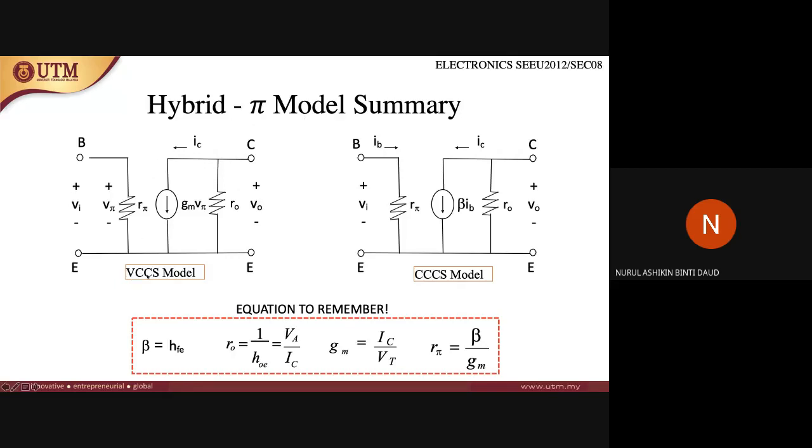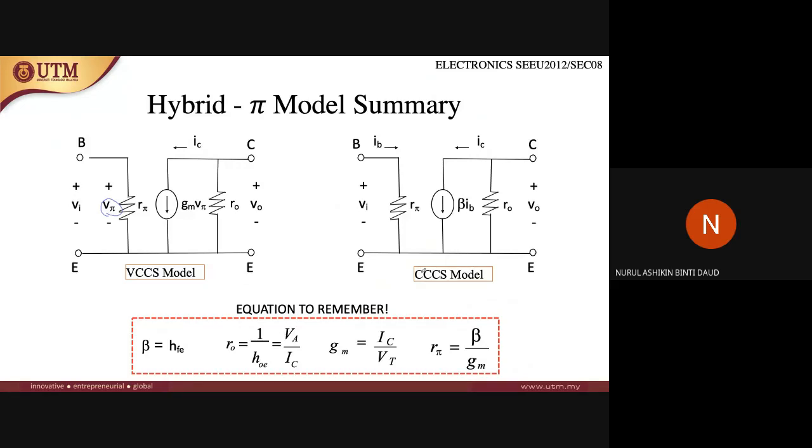So this is the VCCS model. As I mentioned just now, VCCS is voltage controlled current source. It means that the voltage V pi here controls the current IC that flows inside here.